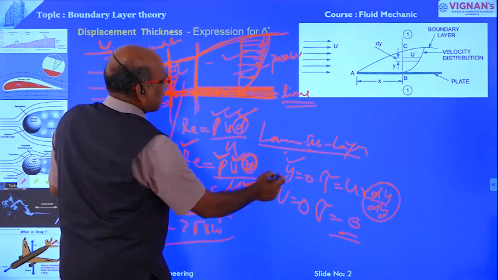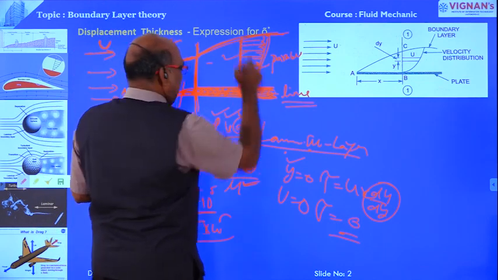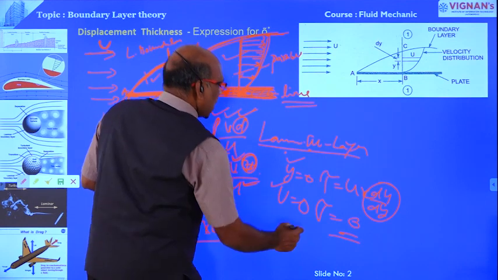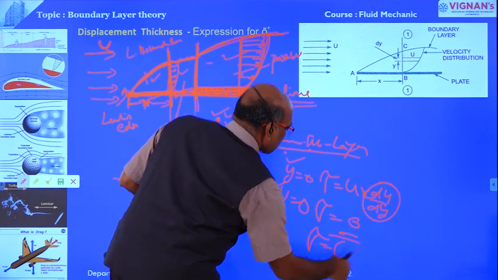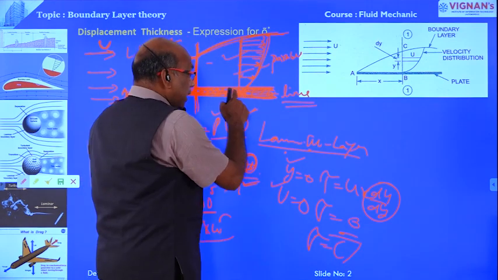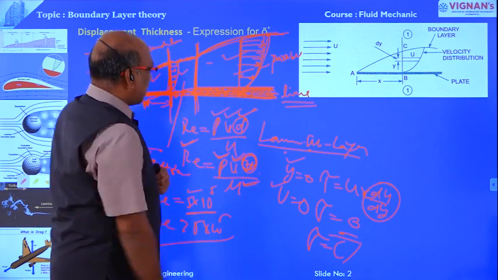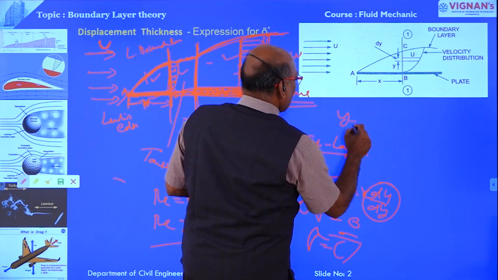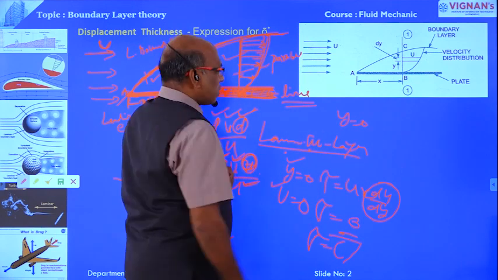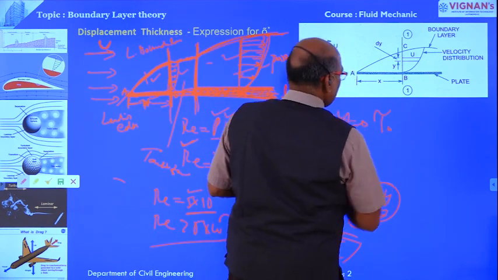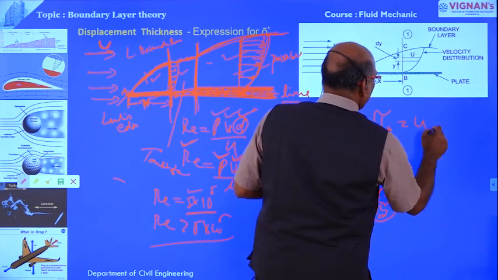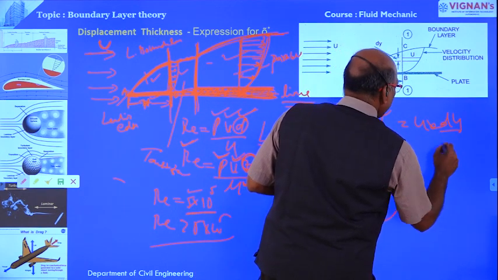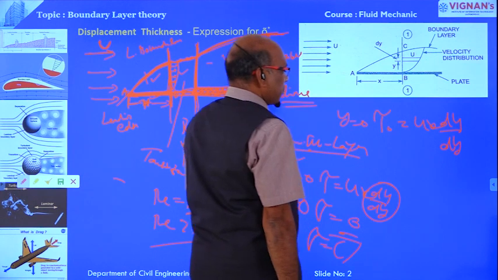And if y increases from the boundary, velocity develops, and automatically shear stress has some value. But in case of the laminar sublayer, even though y is equal to 0, shear stress in the laminar sublayer is equal to mu into du by dy. This is the standard formula.